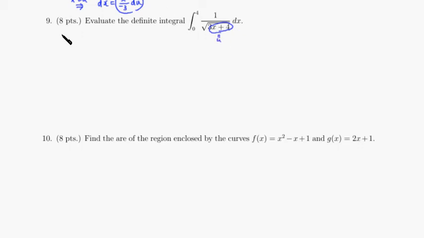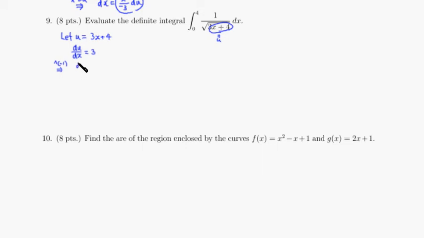So we're going to let u be 3x plus 4. Take the derivative of u with respect to x. It's going to be equal to 3. Then we can just take the reciprocal of both sides.